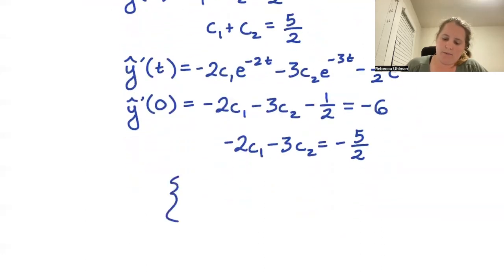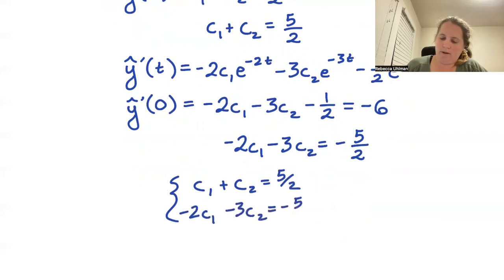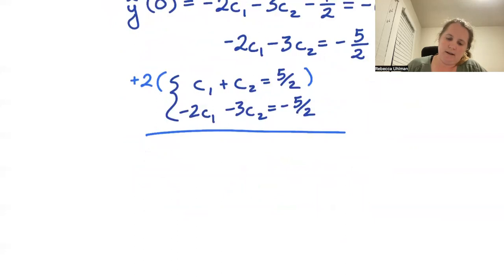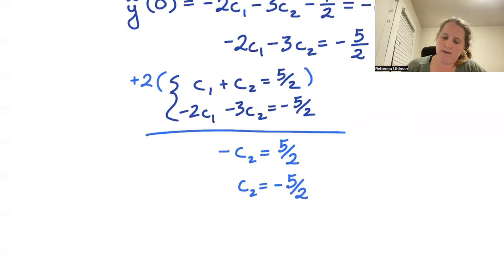So we are working with a system: c1 plus c2 is equal to 5/2, negative 2c1 minus 3c2 is negative 5/2. If we multiply that first equation by positive 2 and add them together, the c1s cancel. We have negative c2 is equal to 5/2, or c2 is equal to negative 5/2, assuming I did that correctly.